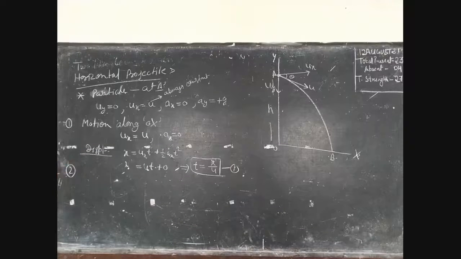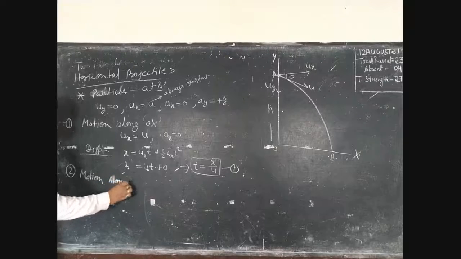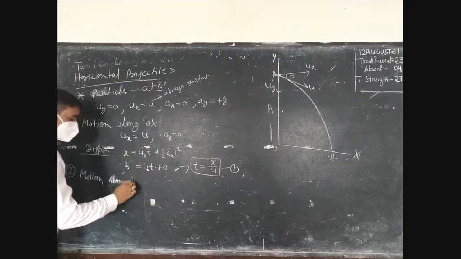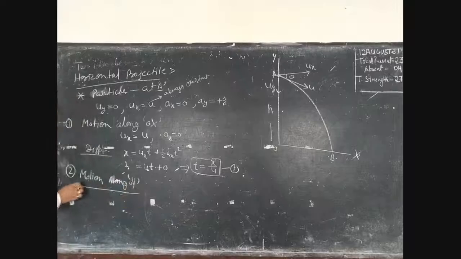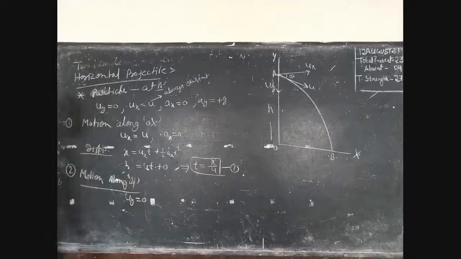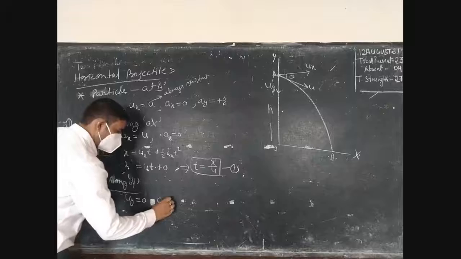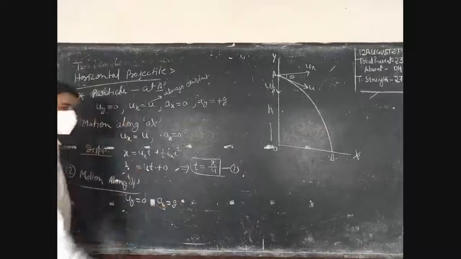The second approach was the motion along the y-axis, the vertical. Now here we have uy equal to 0 and ay equal to g.